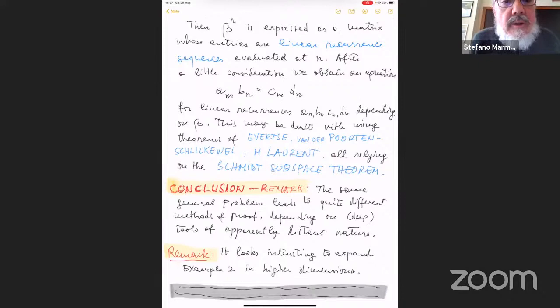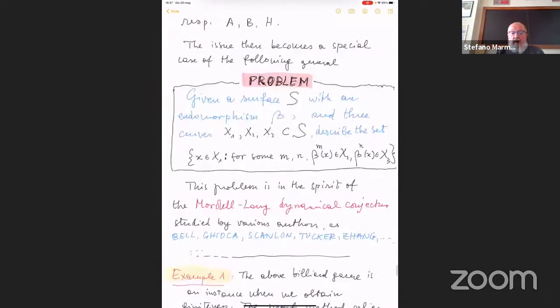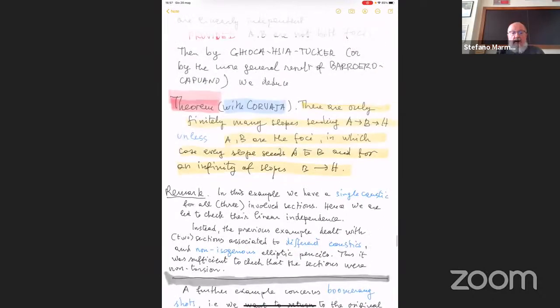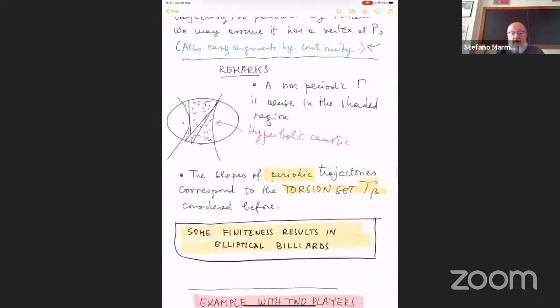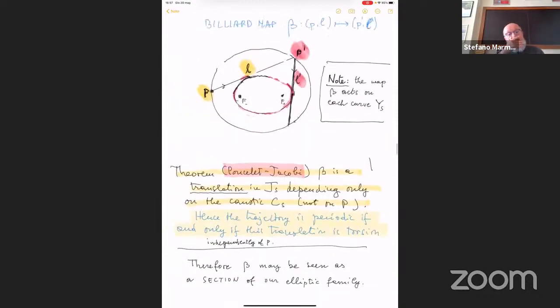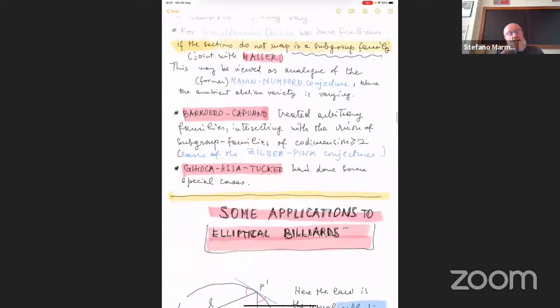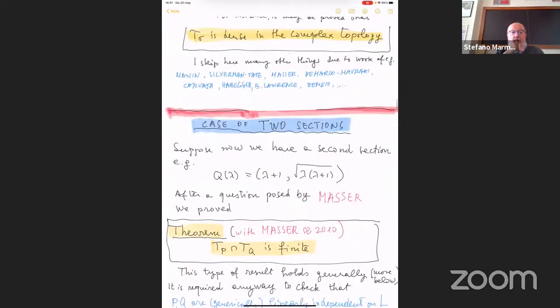So that in some cases you just end up applying the theory of linear recurrences and the Schmidt subspace theorem. Yes, thank you for both questions. So in the first case, for rectangular billiards, it is an elementary argument, not completely short, not very short, but elementary.